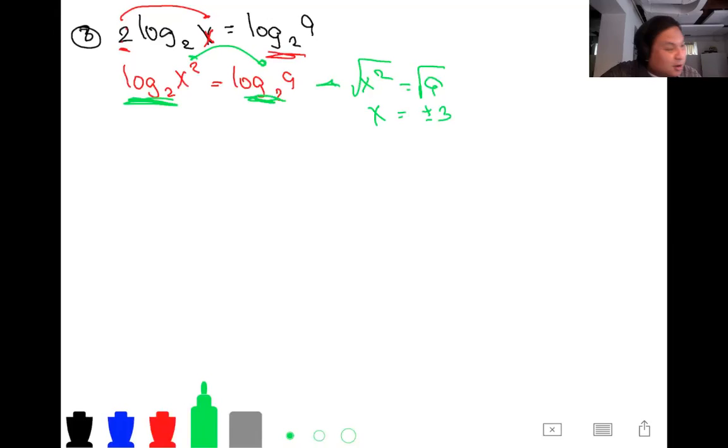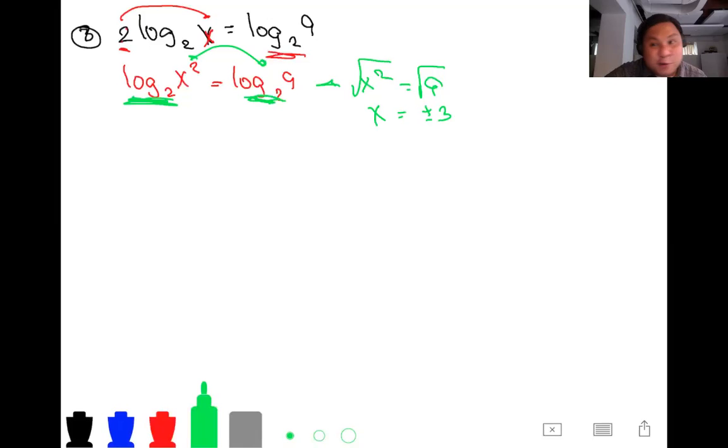However, this logic, the conversion from logarithm to just canceling out the logarithm, so to speak, is actually incorrect logic. I mean, the answer is not incorrect. Let me clarify that. The answer is not incorrect. The logic is incorrect. You cannot make that jump to simply canceling out logarithms.